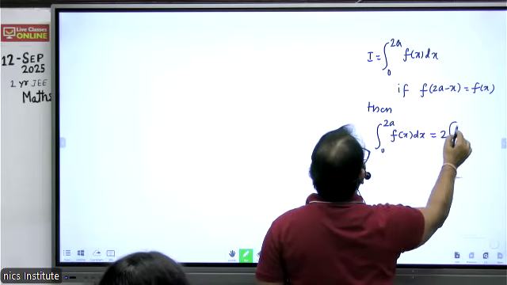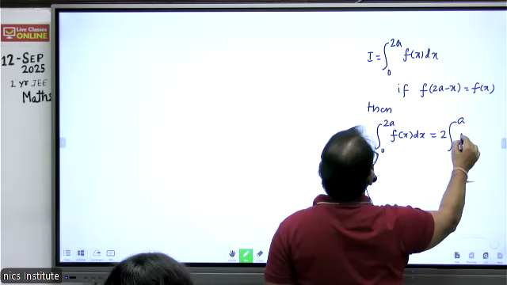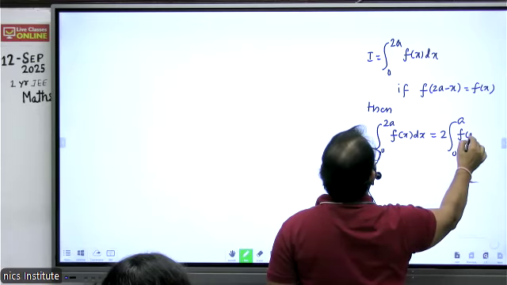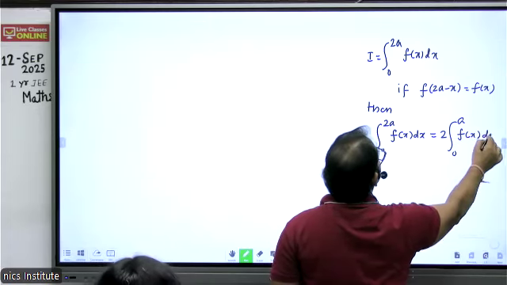This 2 will come out here. Limit would change 0 to a f of x dx.